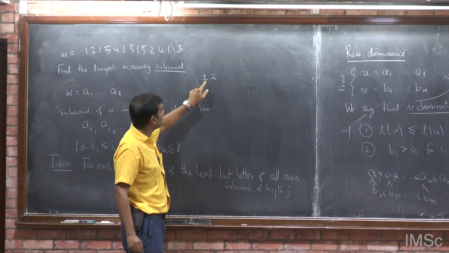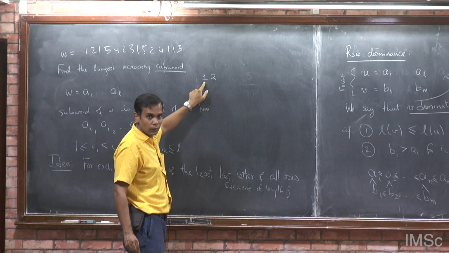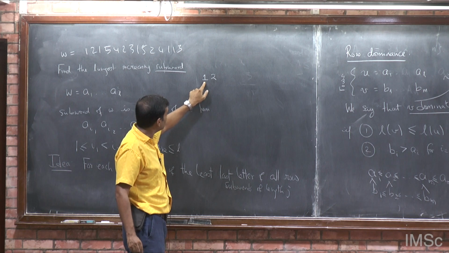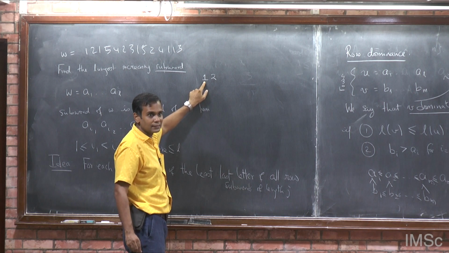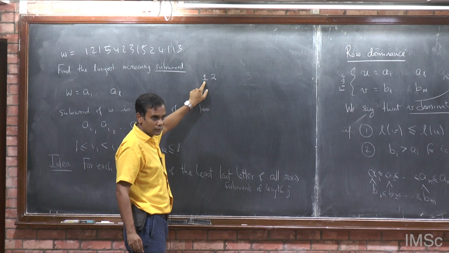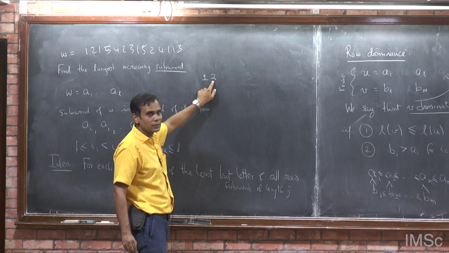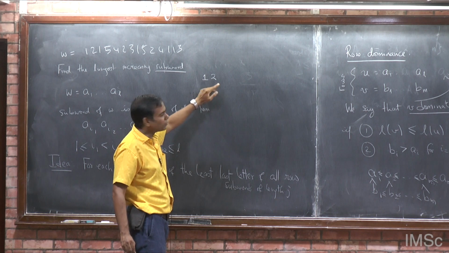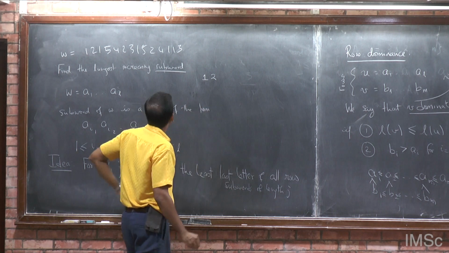I have a row subword of length 1 which ends in 1. This is the least last letter of a row subword of length 1. This is the least last letter of a row subword of length 2. So we will keep it in this form.